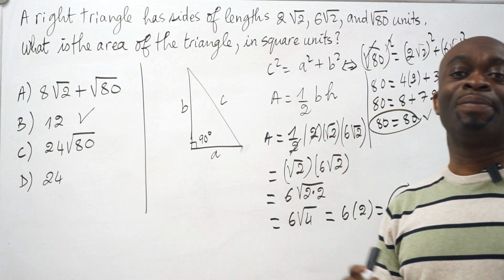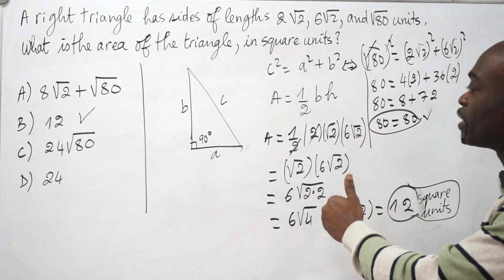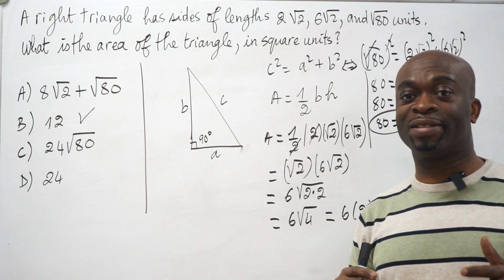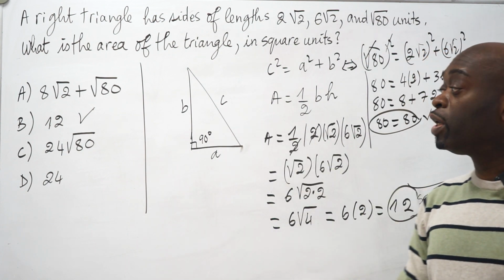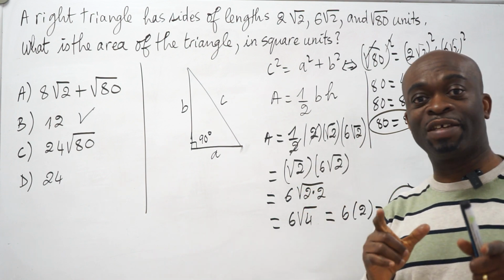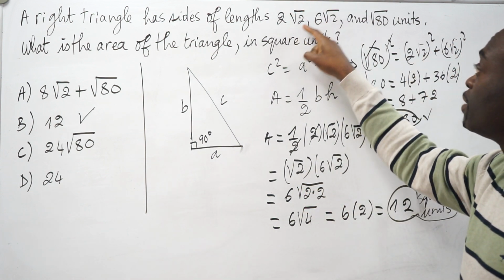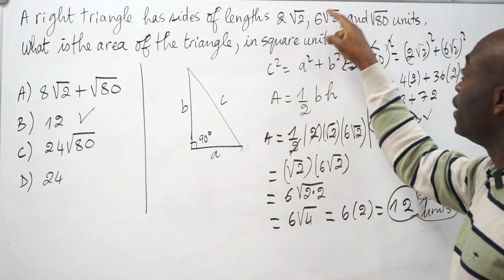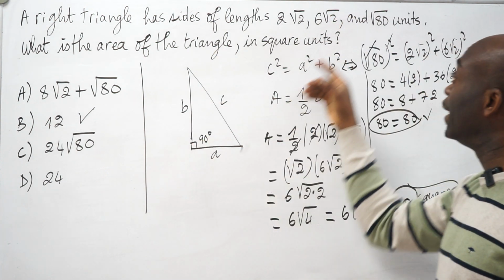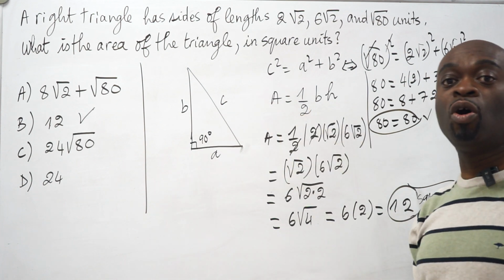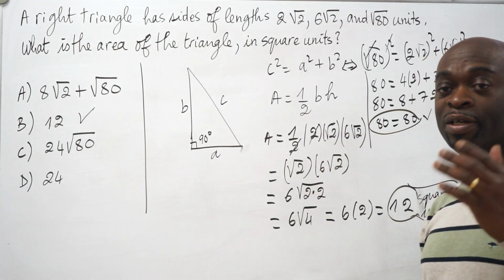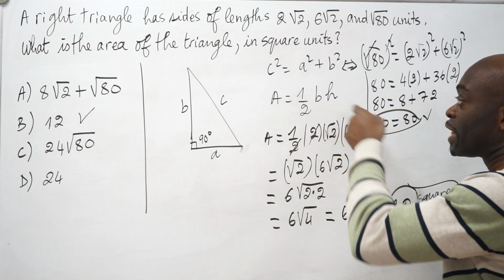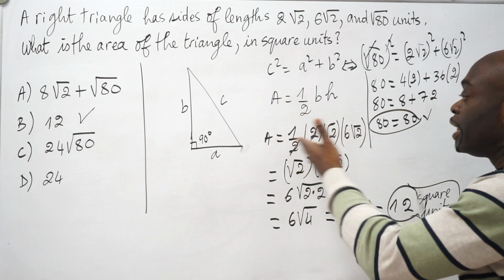Again, I'm taking my time here to explain what's really happening and how you get the answer. But if you are going for the test, you got to be faster by identifying, for example, that this side here is A, this side here is B, and this one is your hypotenuse, C. Then automatically you go with the area, which is equal to 1 over 2 times B times H. Then you do your multiplication.